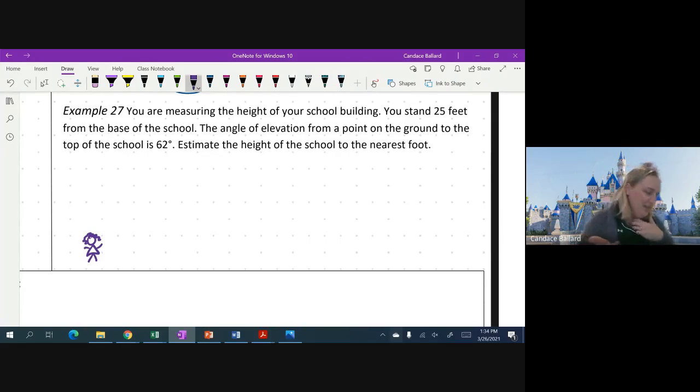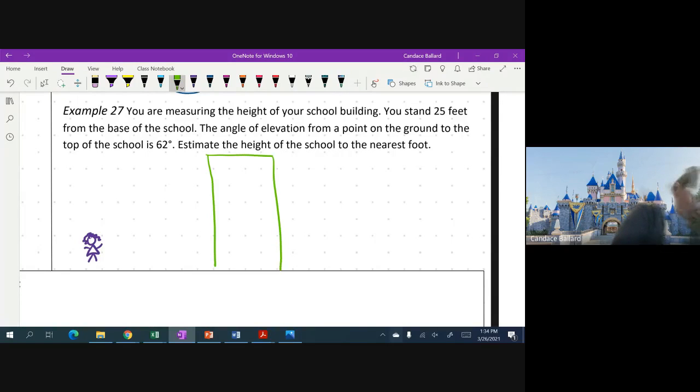Okay, you have a school building. So here's my school building. THS. There we go. If you want to make it my room, you can write room 727 there. There's our school building. I'm not sure it's drawn to scale.